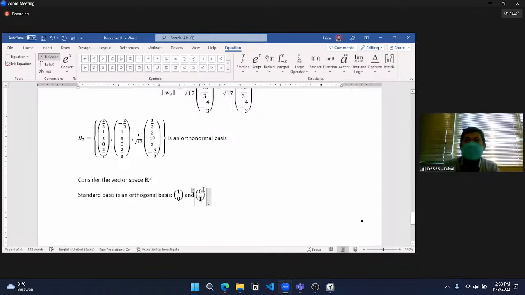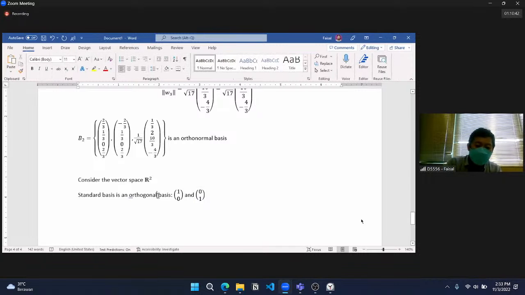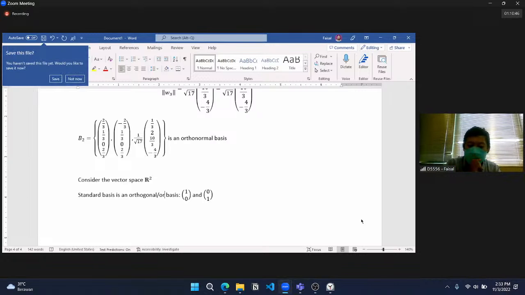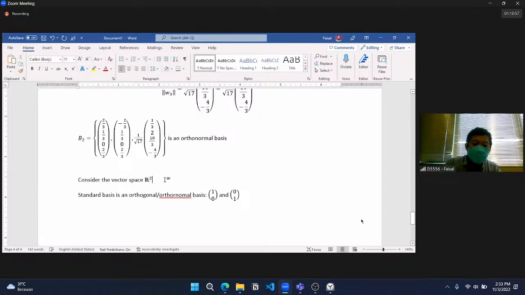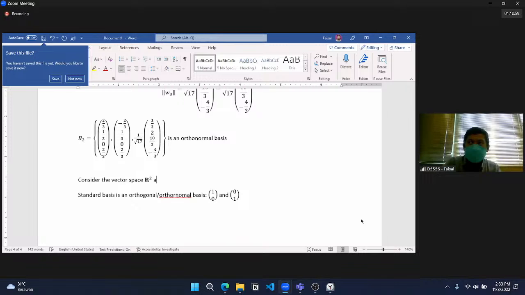Oh, sorry, this is an orthonormal basis also. This is orthonormal because its norm is 1. And R2 has a dot product.